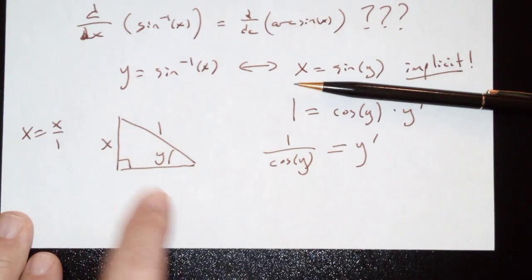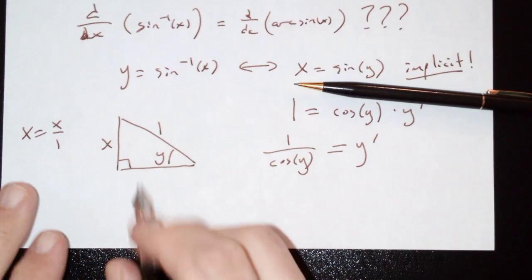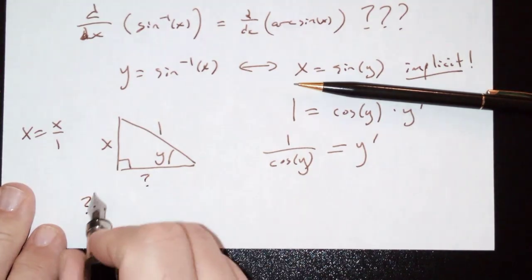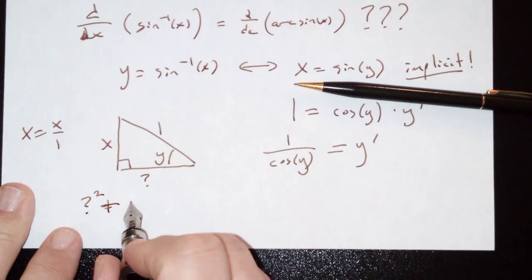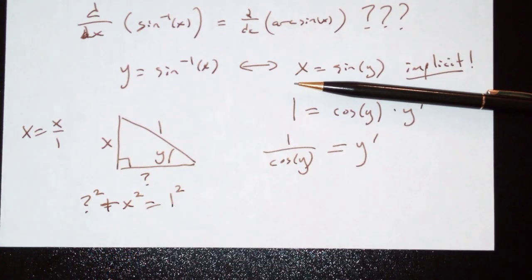This squared plus this squared is equal to this squared. So if I want to find this side, I know question mark squared plus x squared is equal to 1 squared. But 1 squared is just 1.